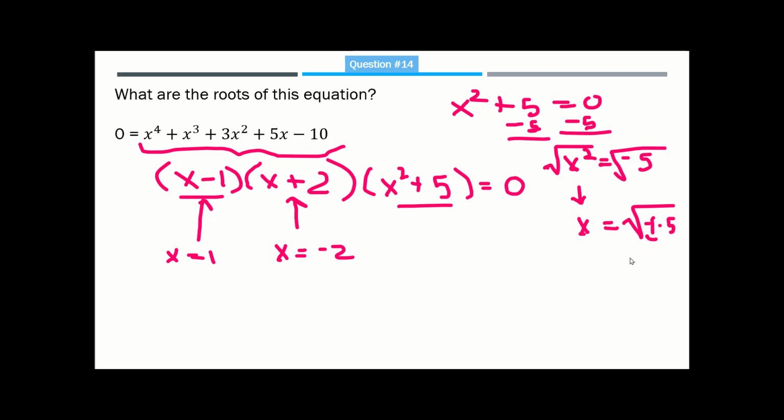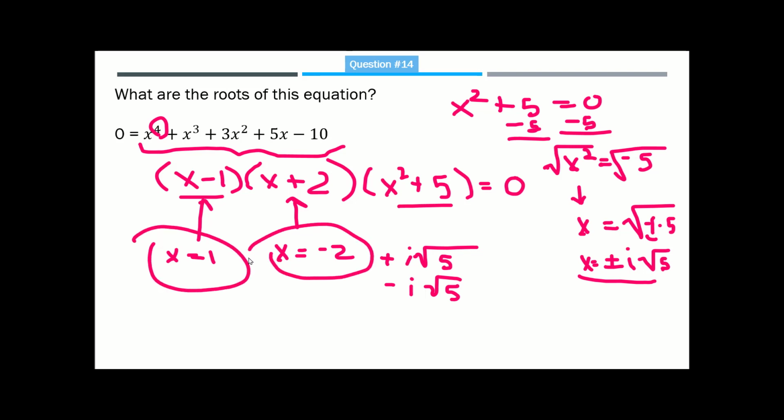We can take the square root of -1 and write it as i. It's an imaginary number. So x is equal to plus or minus i times the square root of 5. Okay? So now we have two more imaginary solutions: positive i times the square root of 5, and negative i times the square root of 5. And we look here, x to the 4th power, we should have 4 solutions. We have 2 real and 2 imaginary.